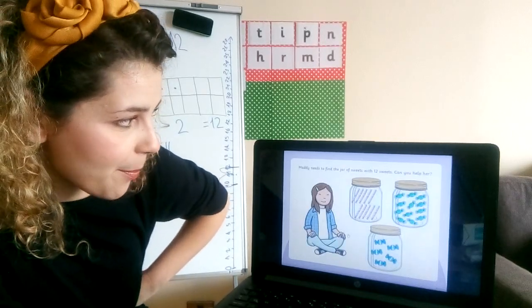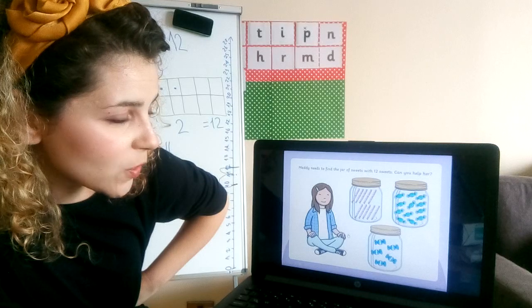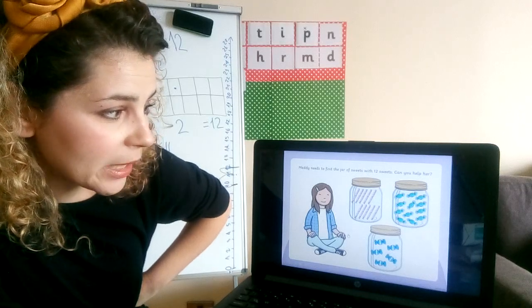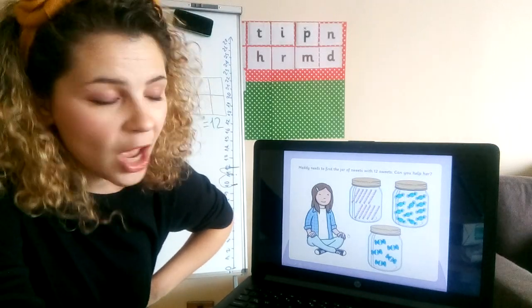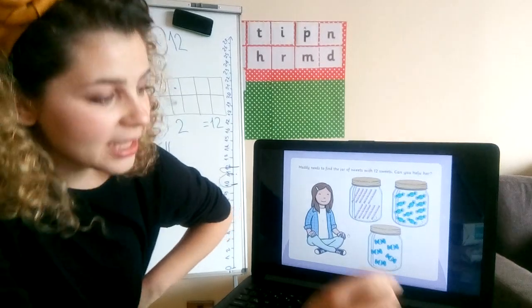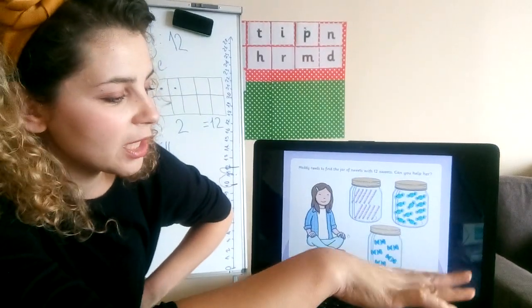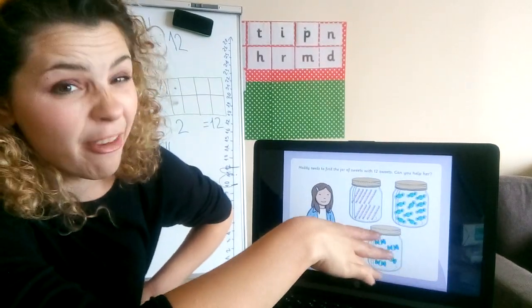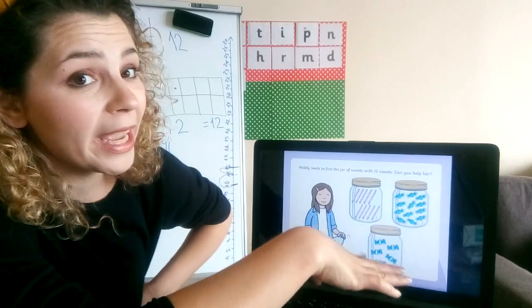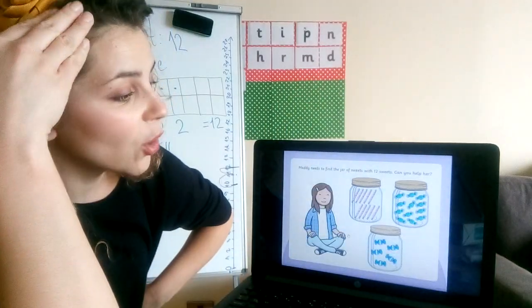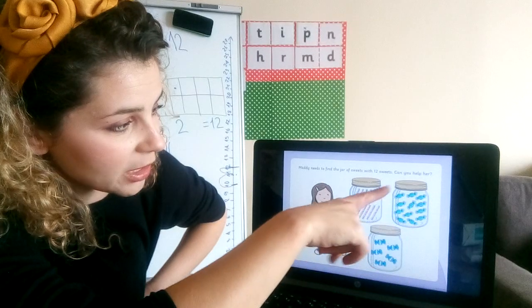Now it says here, Mandy wants to find a jar of sweets with 12 sweets. Can you help her? Okay, so let me try. Just looking at this, I can see that this is definitely not the one, that this has way less than 12. So it has to be one of these two.